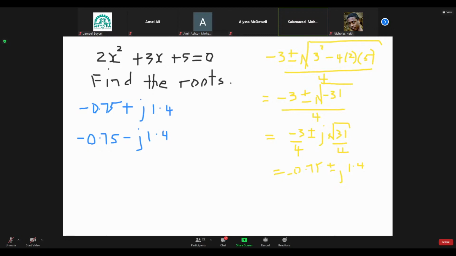So the question then says, call one root alpha, the other beta, and show alpha plus beta.